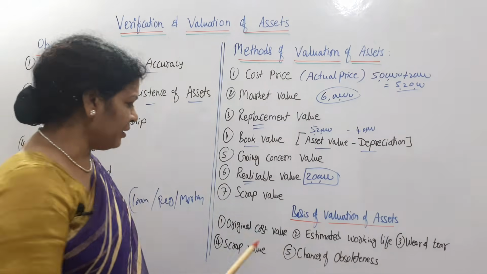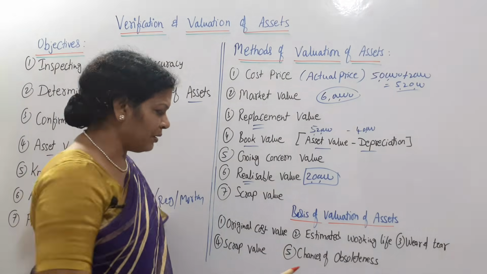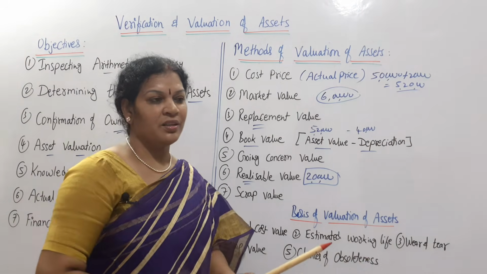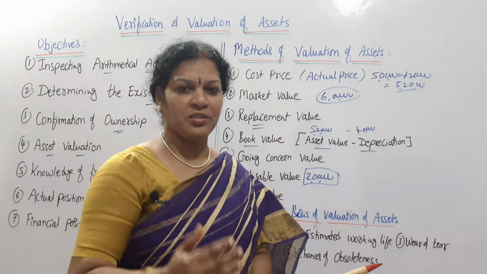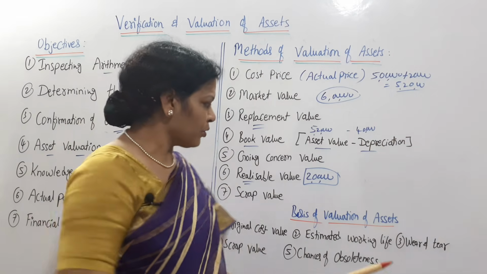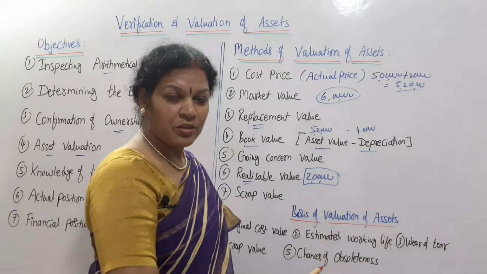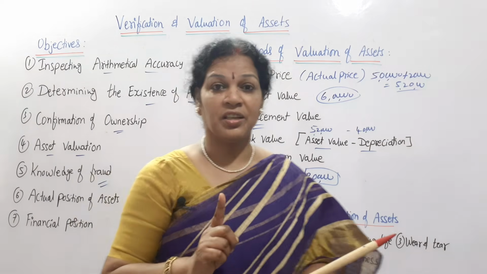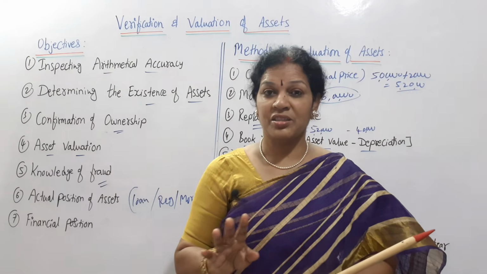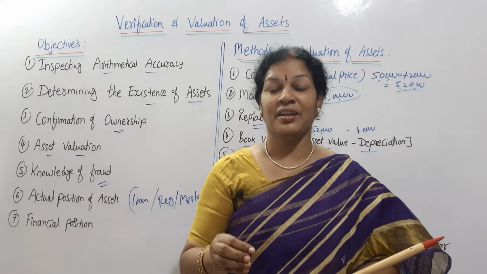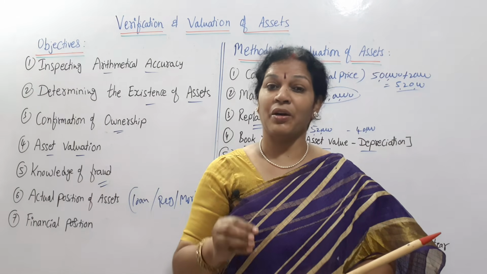Keep it in mind. And also what is the scrap value and the chances of obsoleteness. Obsoleteness means while using the asset, slowly how much it is going to decrease. These points he also has to keep in mind while evaluating the assets. If valuation of assets is clear, you can say the maximum burden is completed, but it is a very big and important task of every auditor.